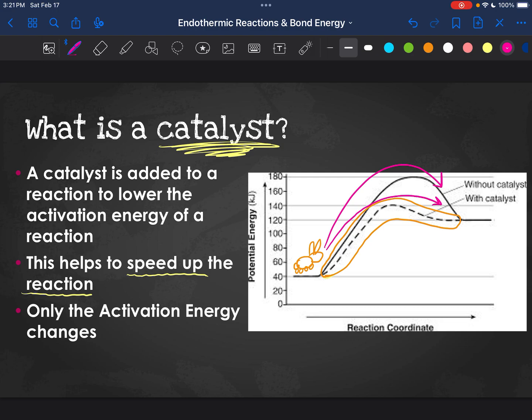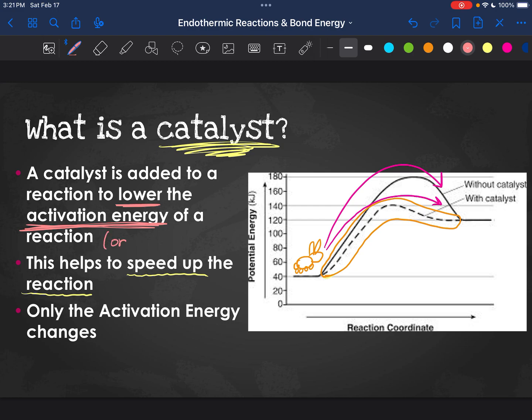So the main key thing about chemistry, though: in biology we say speed up reaction. In chemistry, the key phrase is lower activation energy. Very important. It lowers the activation energy.